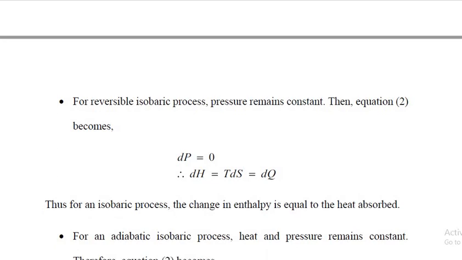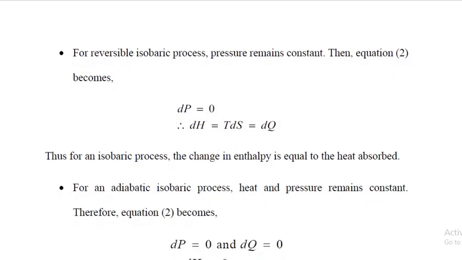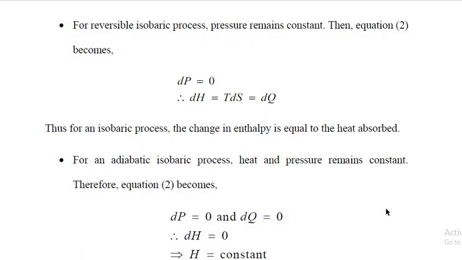Now for an adiabatic isobaric process, heat and pressure remain constant. So in equation 2, the dP term will be 0 and the dQ term will be 0. Therefore dH is equal to 0.